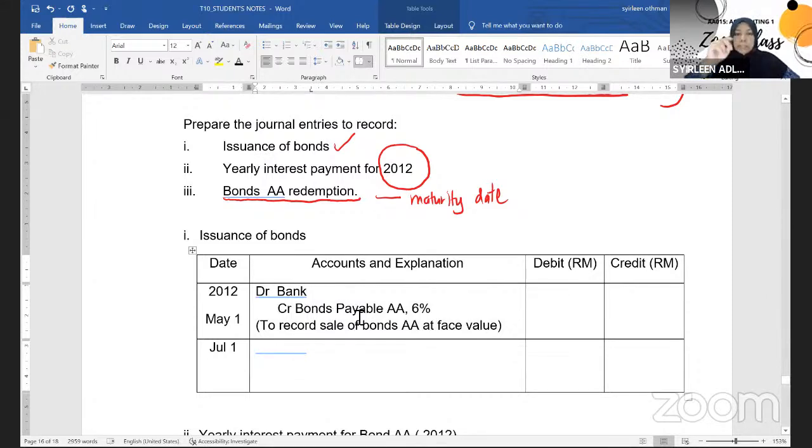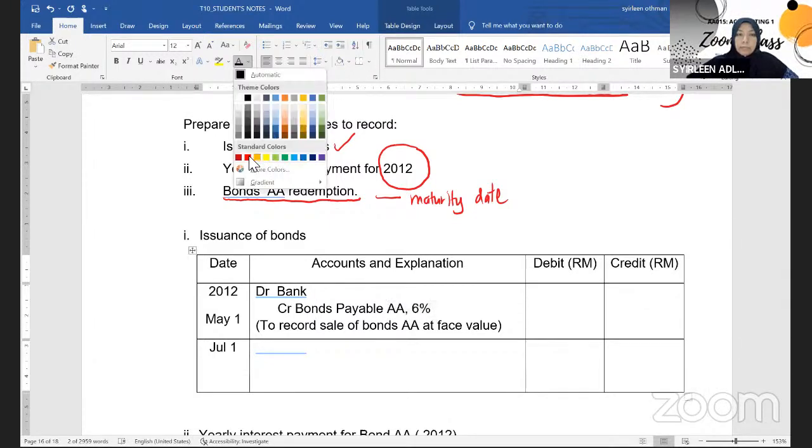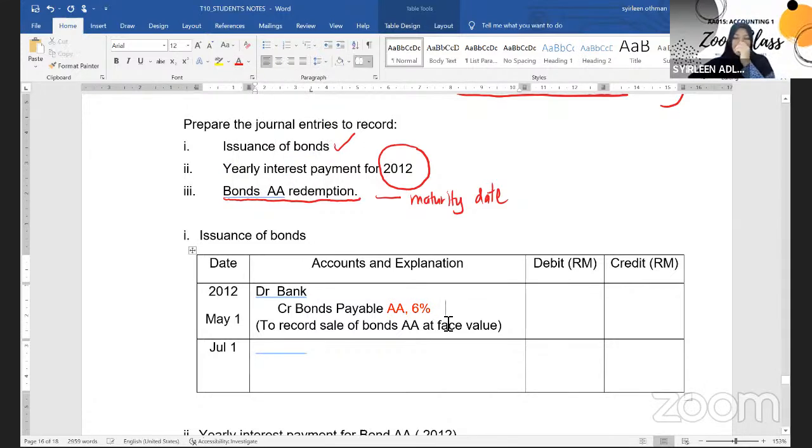Is it okay not to write AA 6%? Some of you might be asking about this. Actually it doesn't matter, sebab your liability is actually the bonds payable. Why do I write AA 6% here? It's just for tagging lah, so that we are aware that this journal is for the first issuance of bond AA.